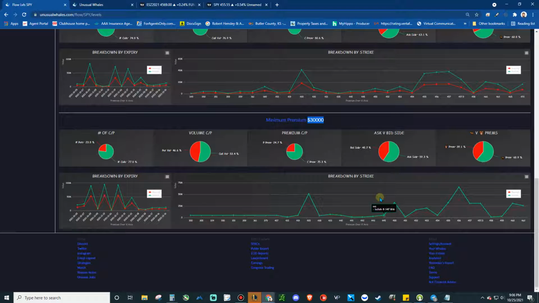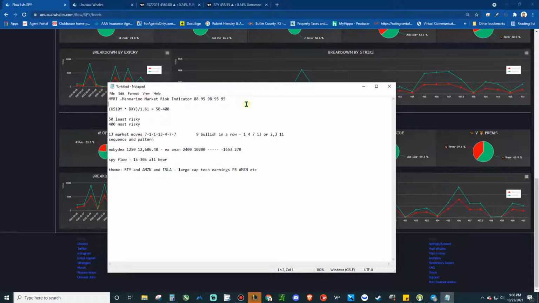So building a model here, you basically have a model where you've got a market risk indicator, which uses extremely reliable indexes, and has a nice little number that it gives you. You have a risk on, risk off indicator for the overall general market. You've got a timing indicator for the days.